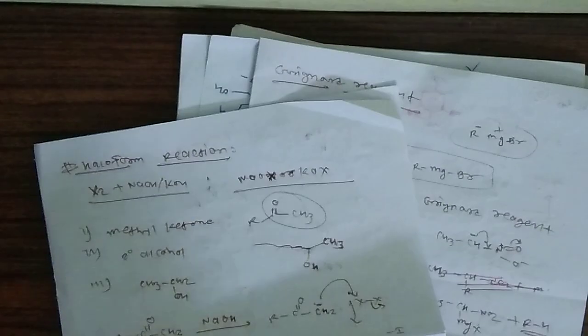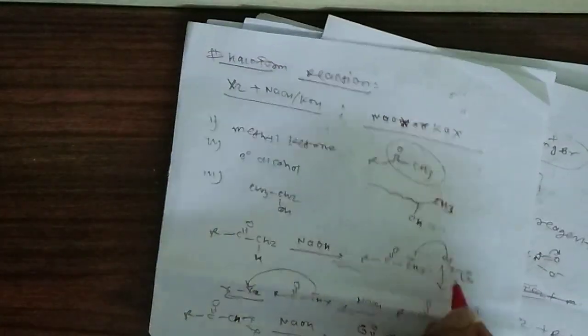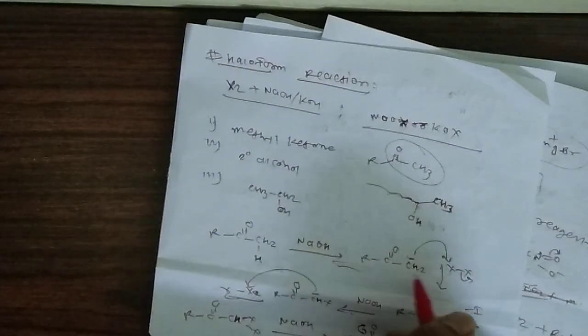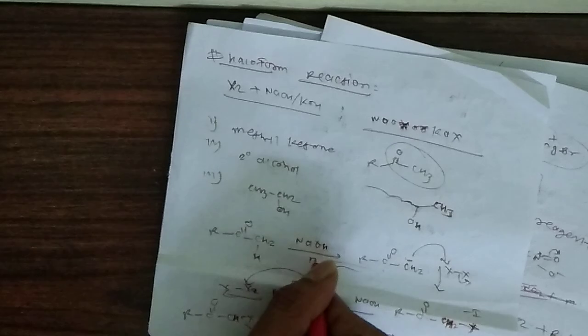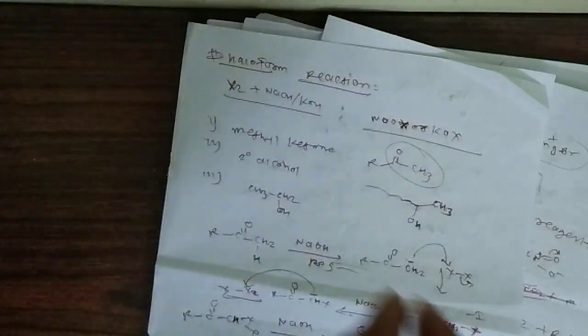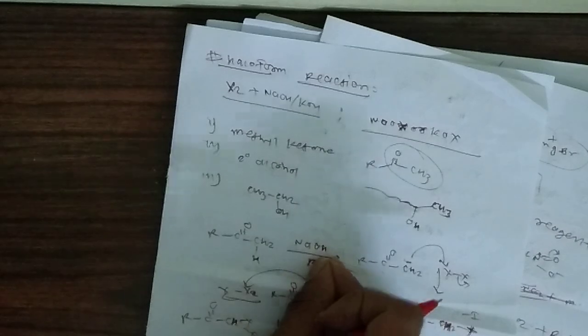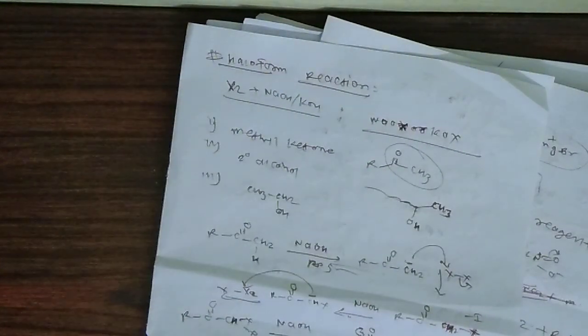And here the RDS step is the formation of carbanion. This is the RDS step, not the attack of carbanion on halogen. So as the RDS step is formation of carbanion, the rate of reaction depends on that step. So the rate of reaction does not depend on which halogen we are using.